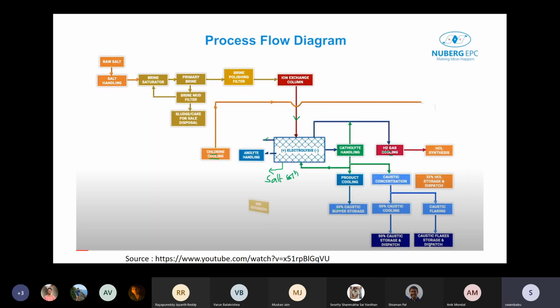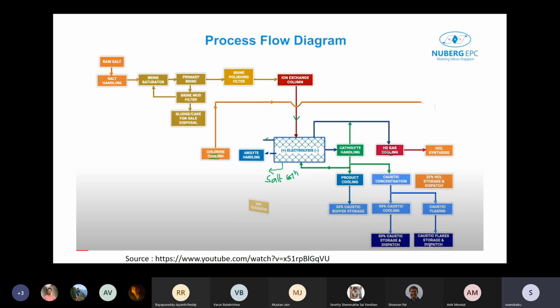If you add HCl to that, you can further enhance it. If any Na+ ions have not migrated before you stop the process, whatever Na+ ions are present here can cause instability. So before the salt solution is taken out, they mix it with HCl.